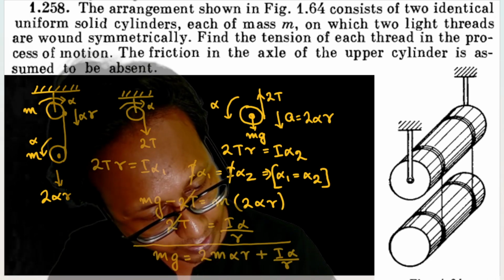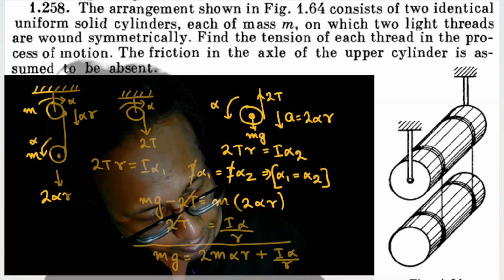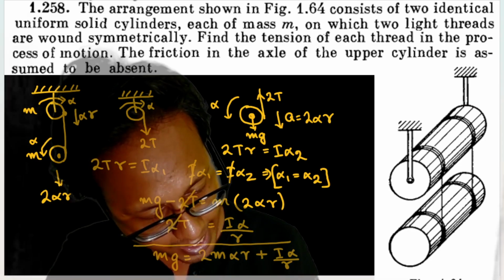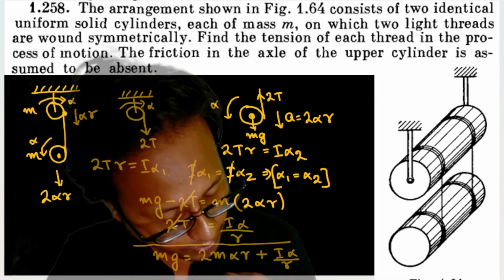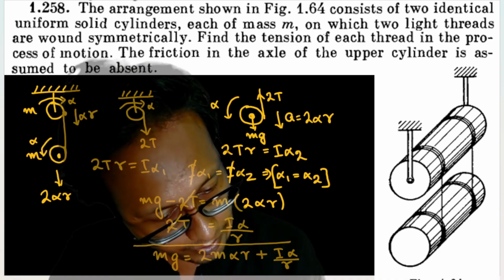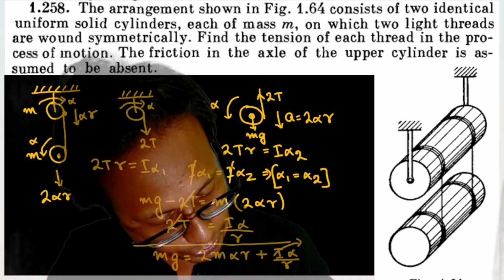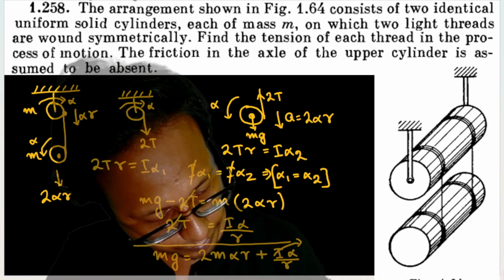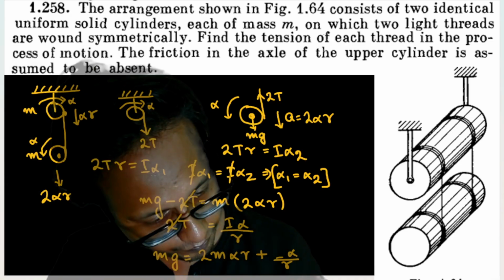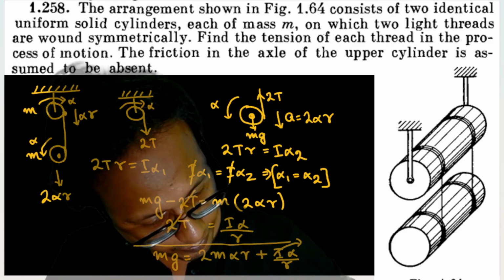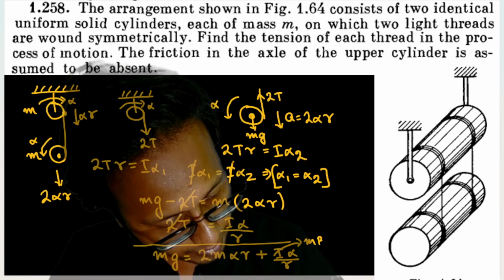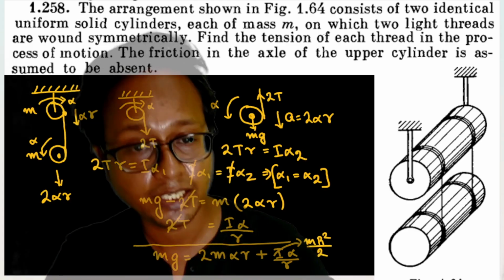Now what do I have to find? I have to find out the tension in this string. So let me isolate the value of alpha. I is nothing but m r square by 2, the moment of inertia of a cylinder about the center.